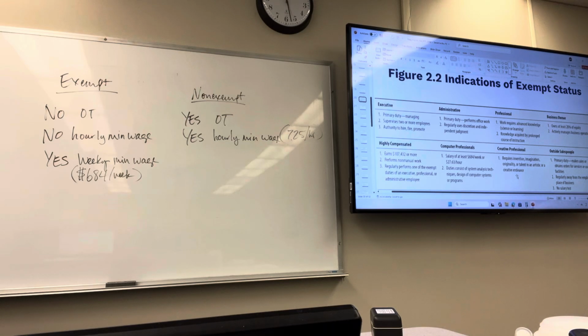Business owners. So these are individuals who own the business. If they own at least 20% of the equity in the business, and they actively manage the business operations, then they're considered to be exempt if they're also employees. Now, oftentimes owners are not employees.